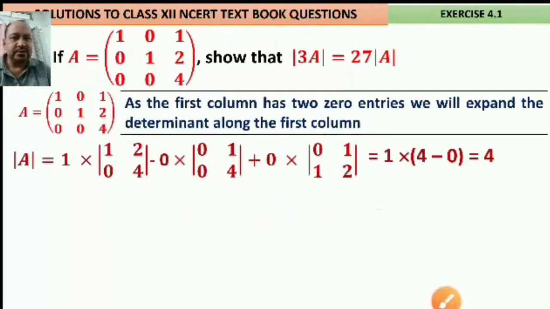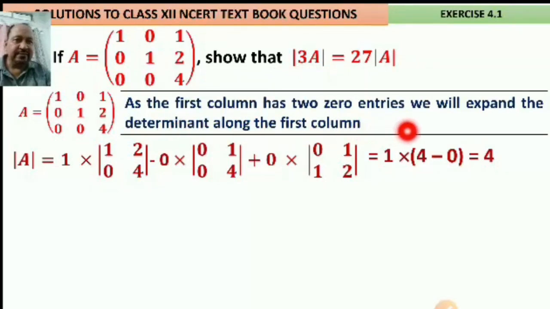Okay, this is the next question of exercise 4.1. Matrix A is 1 0 0, 0 1 1, 2 4 0 and 1 0, so that determinant of 3A equals 27 times determinant of A. You have to show this expression.